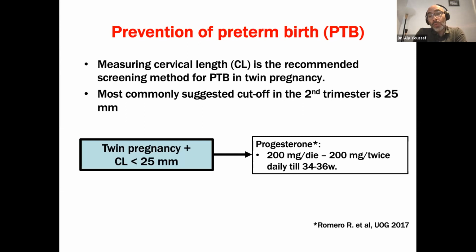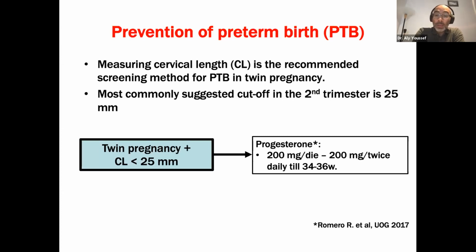First of all, which cutoff should we use for the cervical length to label a patient as high risk of preterm birth in a twin pregnancy? It seems that the best cutoff in a twin pregnancy is a cervical length less than 25 millimeters.